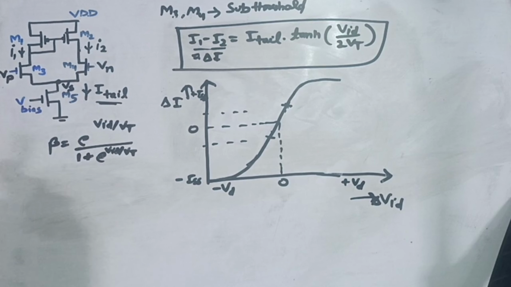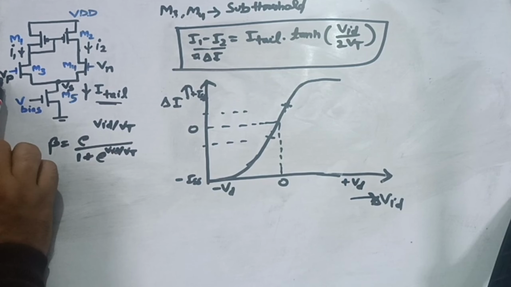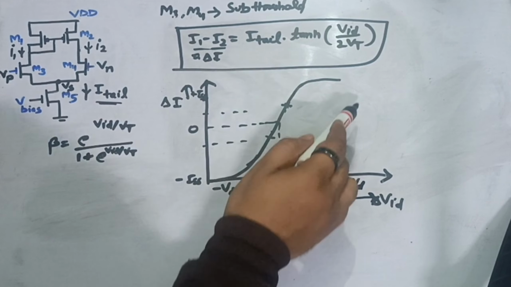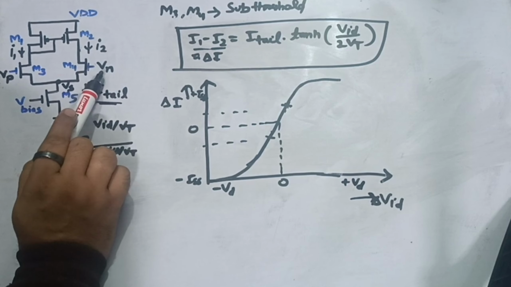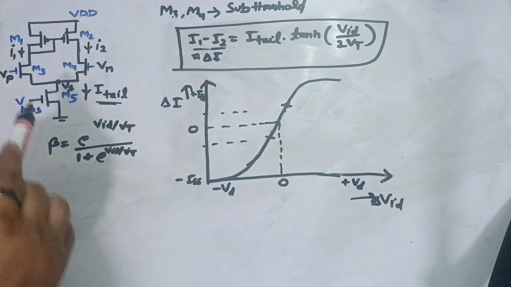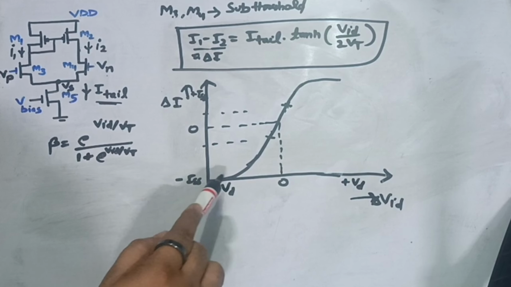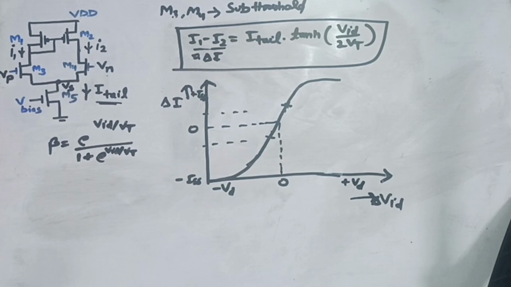So this circuit will not work like an amplifier if you start giving large signals at the gate of this differential amplifier. That's what is shown in this graph. If you apply logic high at VP and logic low at VN, you will get the saturated output. If you do it the other way around, you will get the saturated minimum output. That is what this curve is trying to explain.